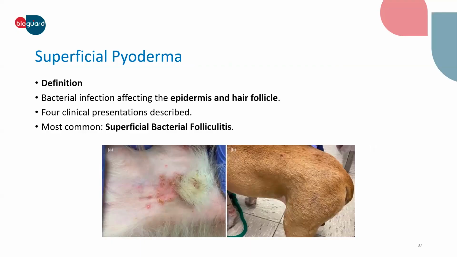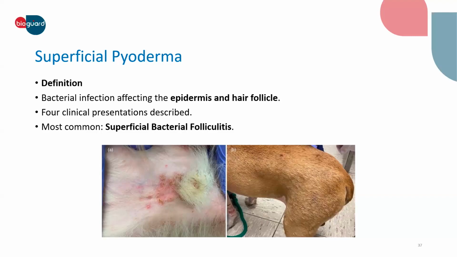So after the surface pyoderma, let's check the superficial pyoderma, because superficial pyoderma is the bacterial infection affecting the epidermis and hair follicle. So far, there are 4 clinical presentations described.